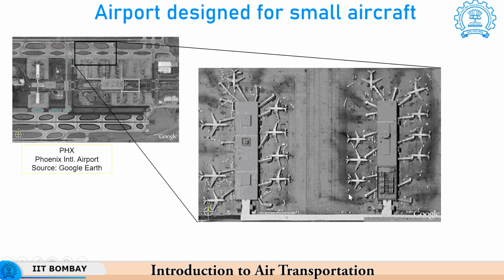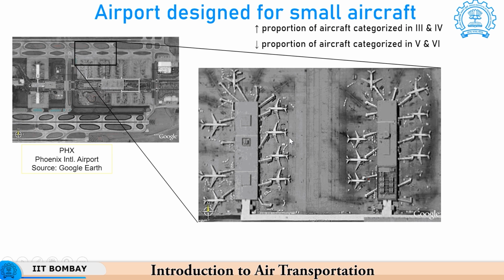That is why the layout is also in such a manner that more narrow body aircraft can fit in the space available at the airport. So, here the proportion of aircraft categorized in 3 and 4 will be high, and the proportion of aircraft categorized in 5 and 6, which is the large aircraft, will be much lower.